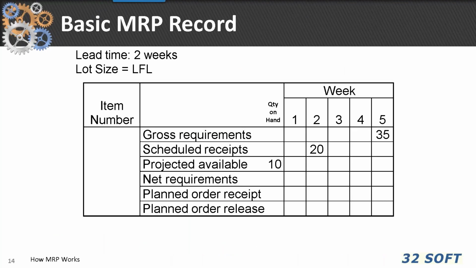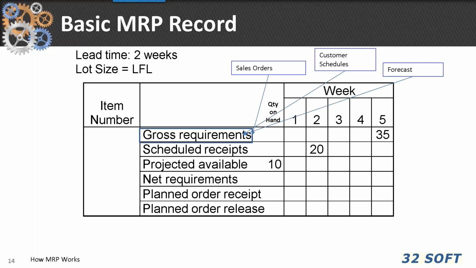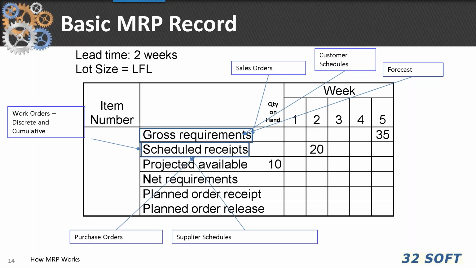Now that we have a good idea of the item master, BOM, and the processing steps from MRP, let's look at the basic MRP record. First of all, we see gross requirements: sales orders, customer orders, sales forecast. Then there are scheduled receipts: purchase orders, work orders, production orders. These balance against the quantity on hand to arrive at what is called the projected quantity on hand.